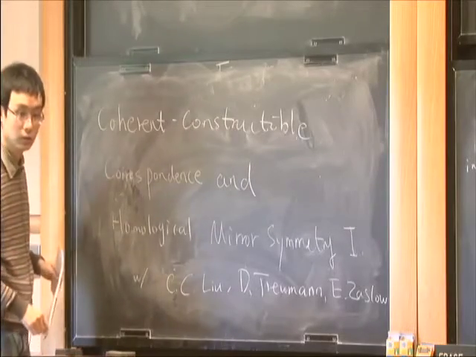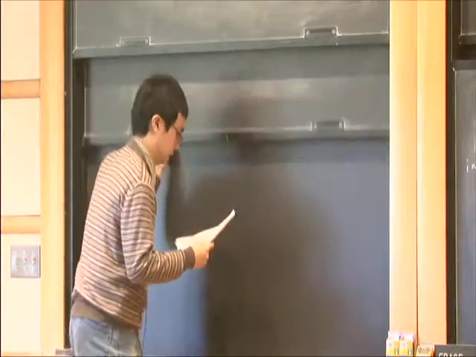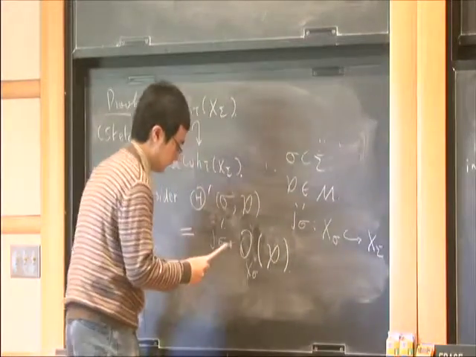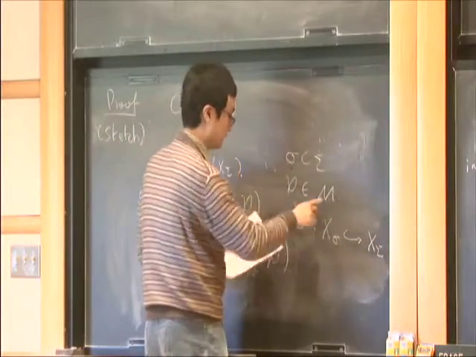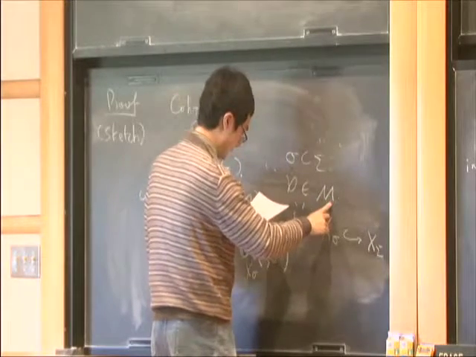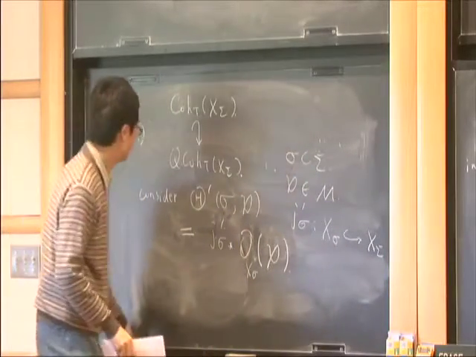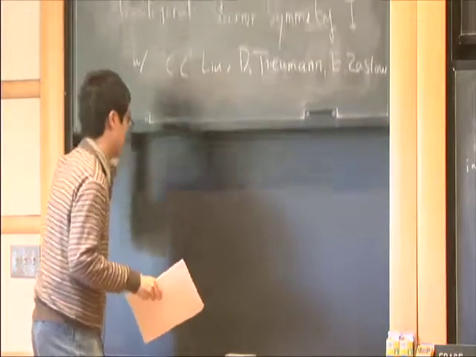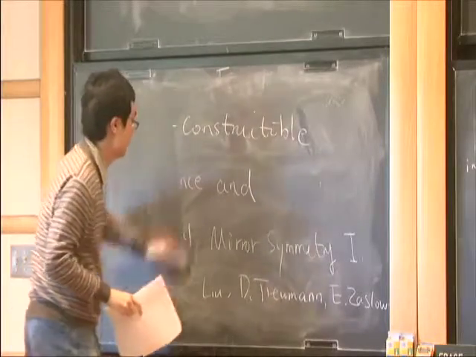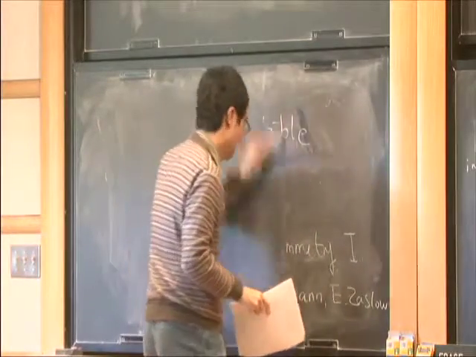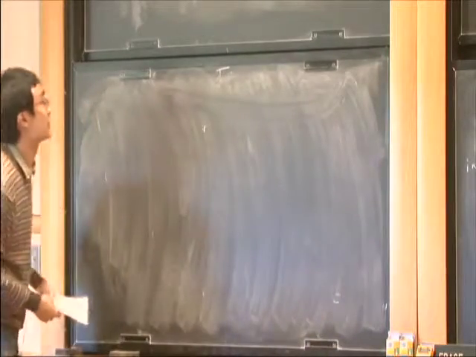Chi is a character inside M. So this is basically the structure sheaf on X sigma pushed forward, but twisted by an equivariant structure prescribed by chi.